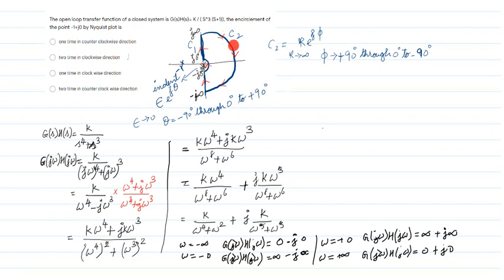What about segment C2? Segment C2 is nothing but r e power j phi. What is r? R is infinite. The radius is infinite, and it covers the entire right side. So this angle goes from 90 through 0 to minus 90. Then what about C1?